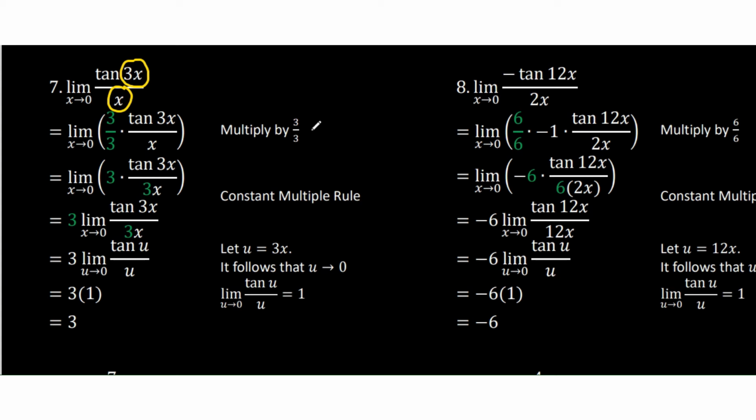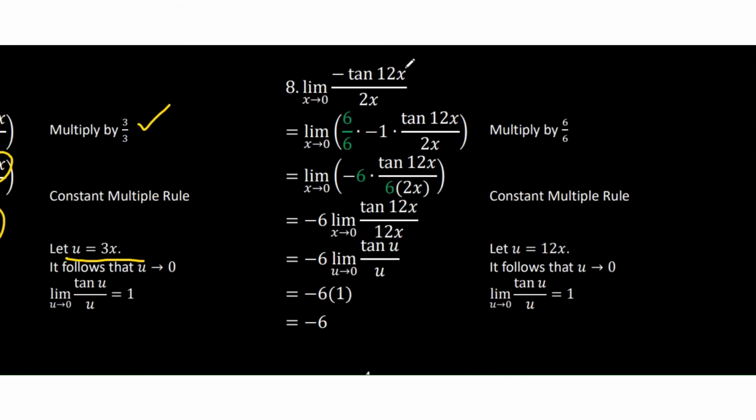That is why we need to multiply 3 over 3 so that 3 on the denominator will be shared to x to have 3x, and they're now the same. Now separate 3 and that will become a constant. Evaluate tangent 3x over 3x as x approaches 0. And that is also tangent u over u as u approaches 0 if you would like to substitute. So 3 times 1 is already 3.